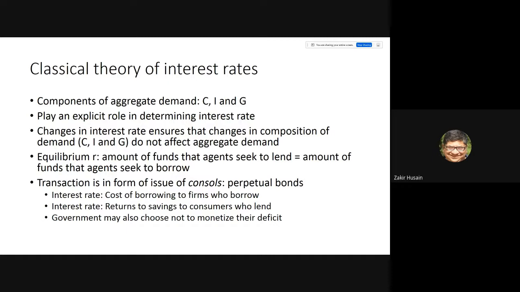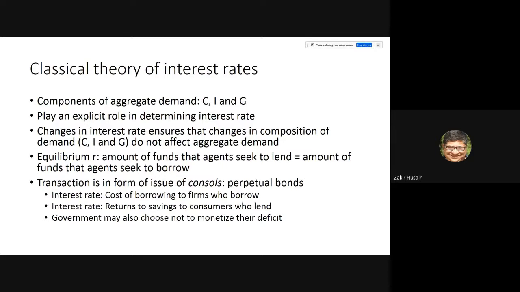Now we assume that when we're talking about lending, borrowing, this occurs not in the form that I approach you and say that, look, can you give me $500? Or you approach me and say that, look, I have $500 to lend out. Do you want it? It's not in this form. We don't lend out or borrow in money, in currency form.